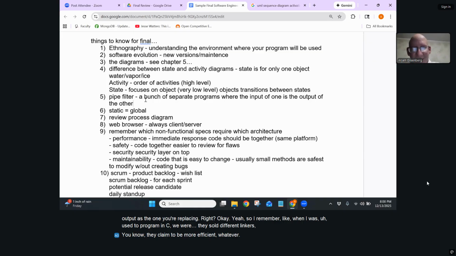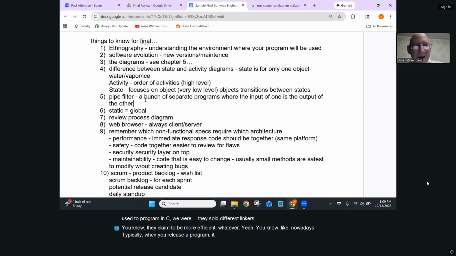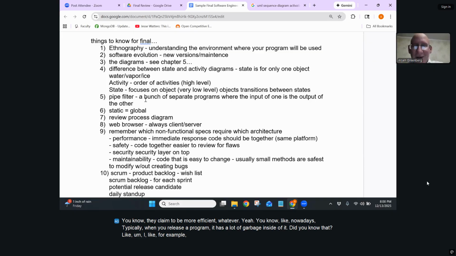Nowadays, typically when you release a program, it has a lot of garbage inside of it. Did you know that? For example, where I work we don't care that much, because we want to have all this debug information inside the program, so crashes are easier for us to fix.